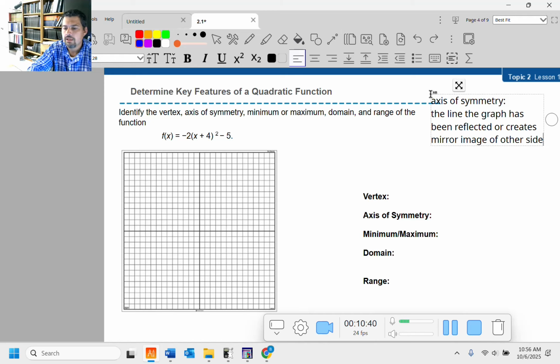A minimum is going to be the low y value of the graph. And a maximum is the high y value of the graph. All right, there's your big things there.